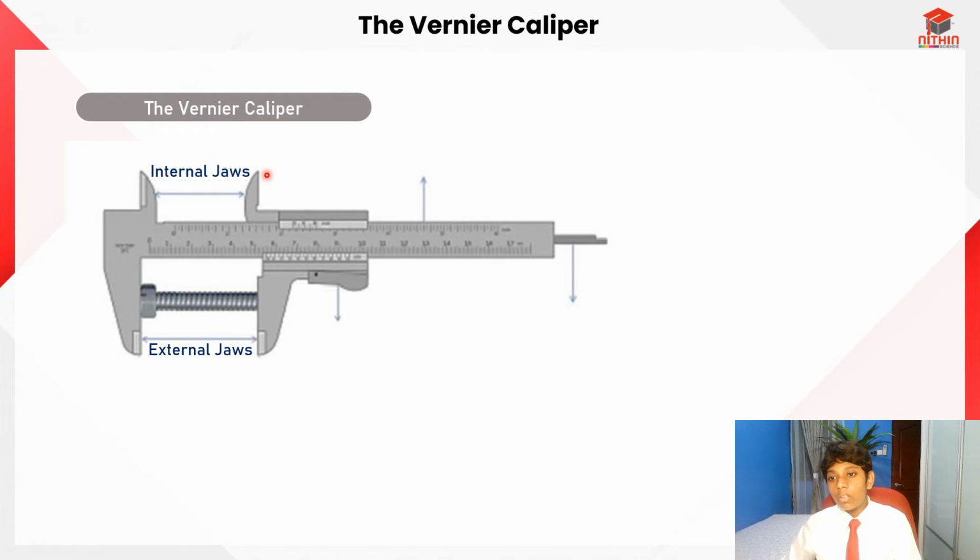These two jaws over here are the internal jaws. This scale over here is called the vernier scale. This bigger scale is called the main scale, and this extension over here is the depth measuring probe. So these are the parts of the vernier caliper.